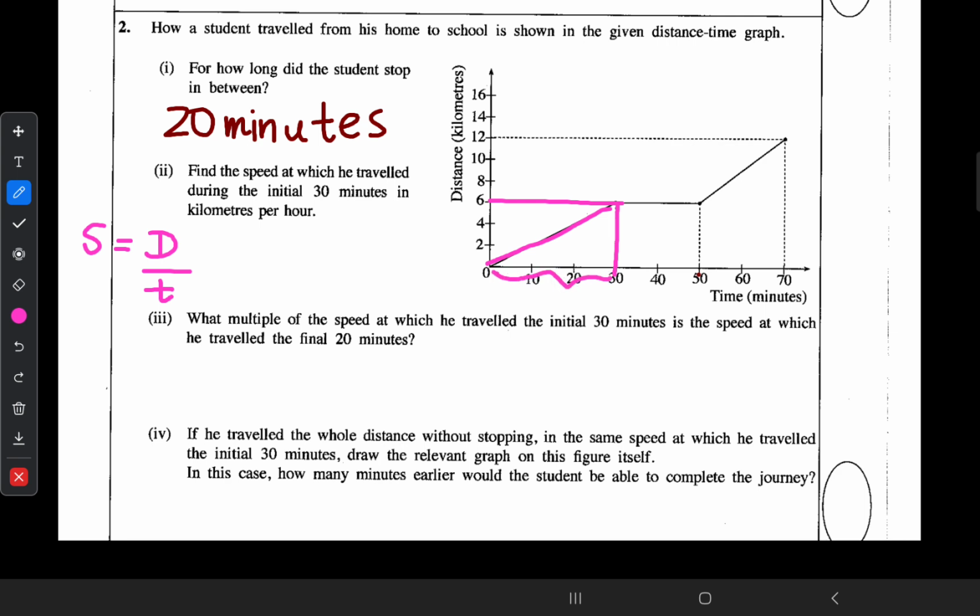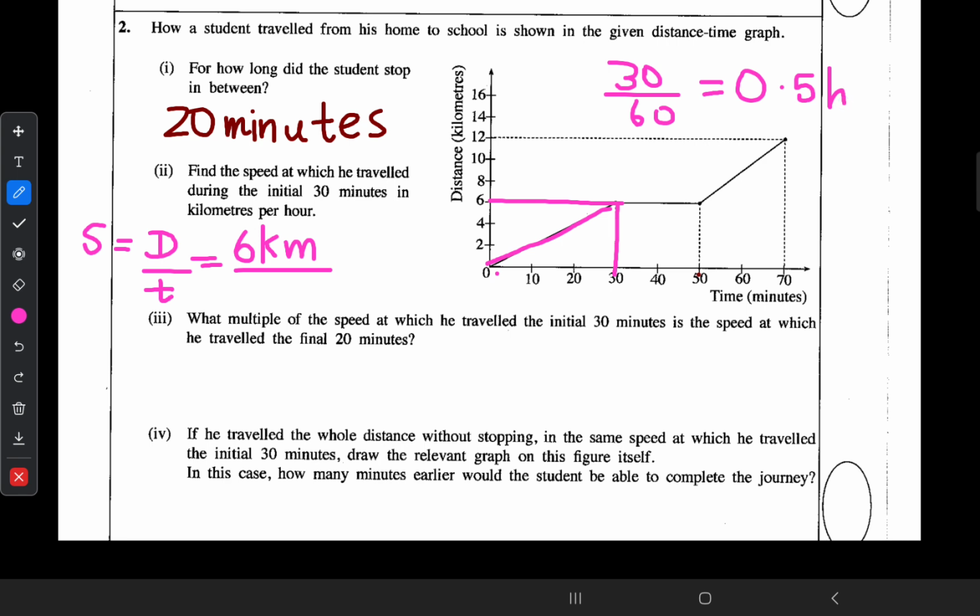But our question is to find in kilometer per hour. Distance is already in kilometers, 6 kilometers, so we can substitute as it is. But the time was given in minutes, so you should convert minutes to hours. 30 minutes means 30 divided by 60, that would be 0.5 hours.